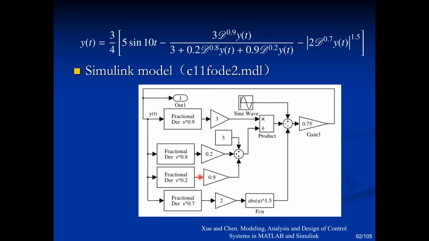We also can do simulation because we already did the fractional order derivative block here. So we can put it in here. So this complicated nonlinear system can be realized using this. And you can download the code from our website. You don't have to redo this. It's already there.